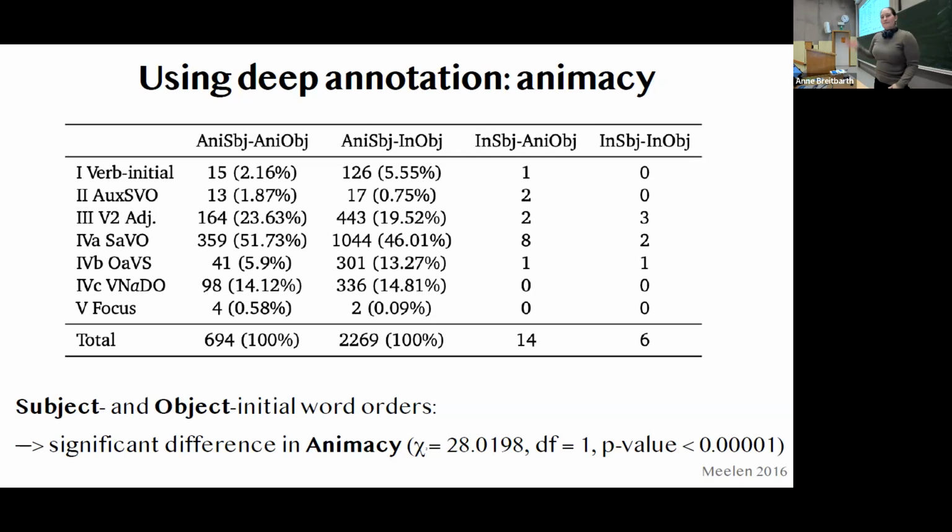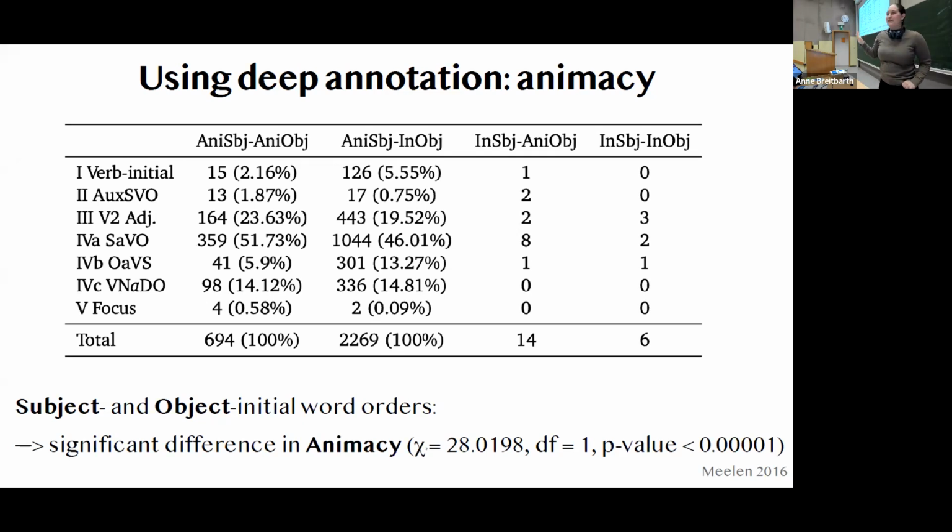Right, now using deep annotation even more carefully, looking at animacy, for instance. If you look at the animacy of the subject and the animacy of the object, where ani stands for animate and in stands for inanimate here, then first of all, what you observe is that on the right, there's very little data.